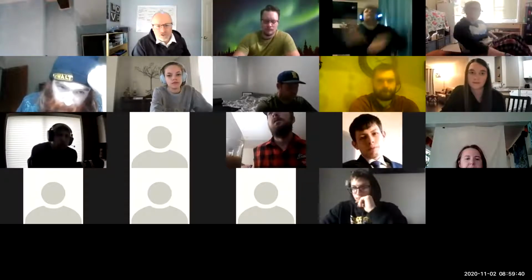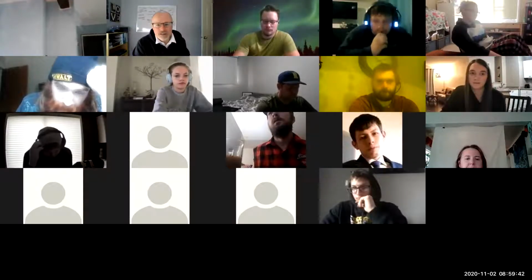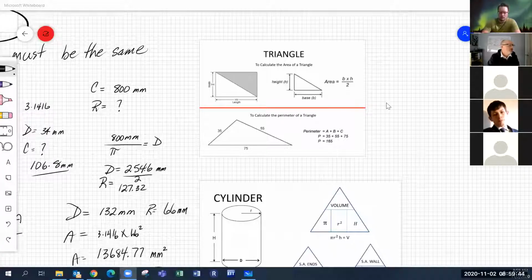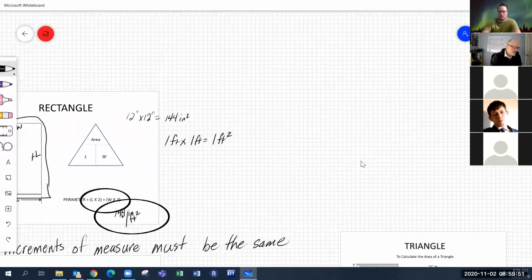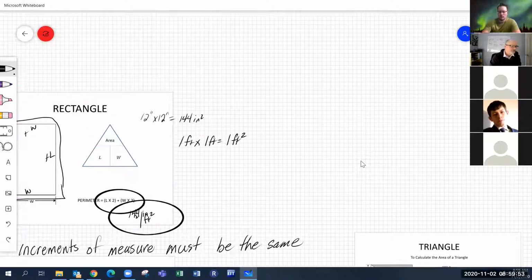Okay, I'm going to share my screen to where we left off here. So we talked about a circle, we talked about area of a circle. There is one question I want to do with you first before I continue on.